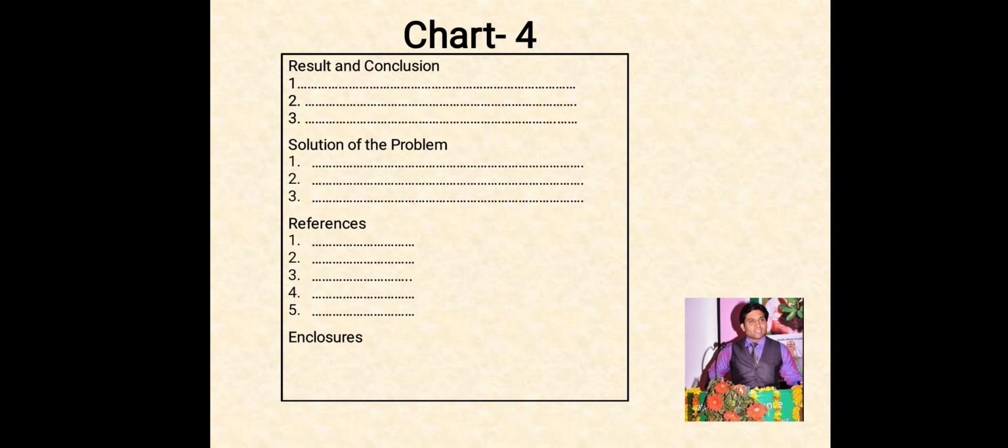After this heading, write references. References should be written point wise. So learn how to write references. It is a detailed description of the source of information that you want to give credit. It is the secondary data included in the project report that you want to give credit.